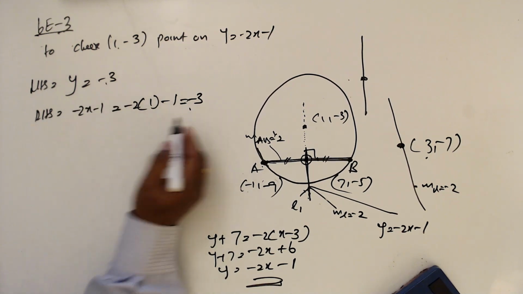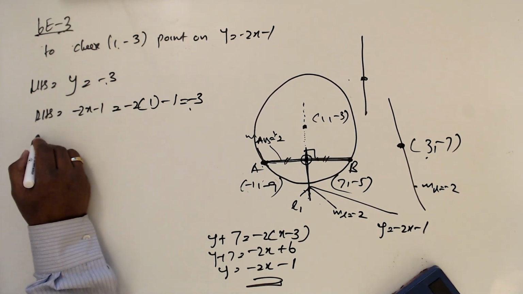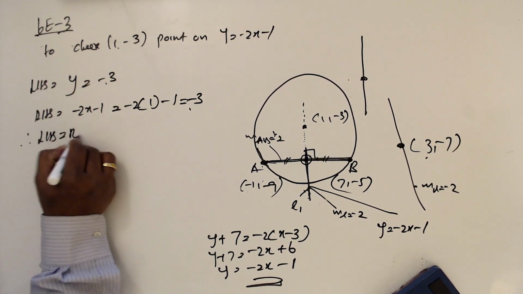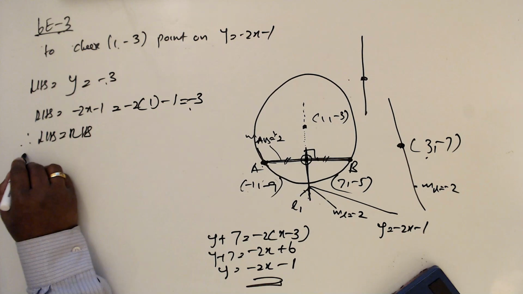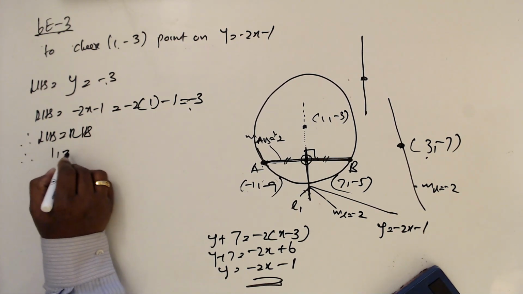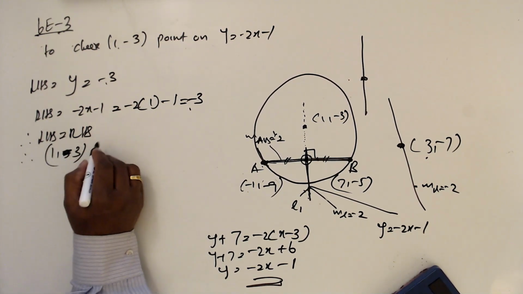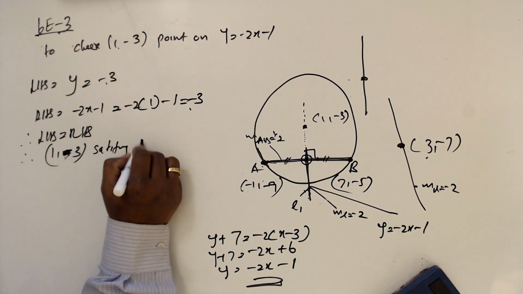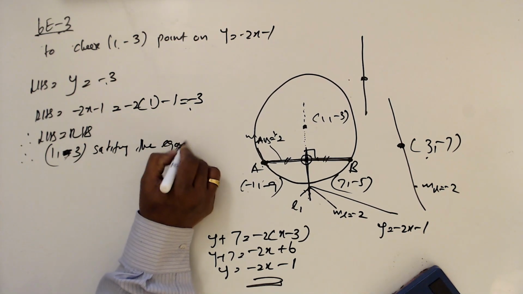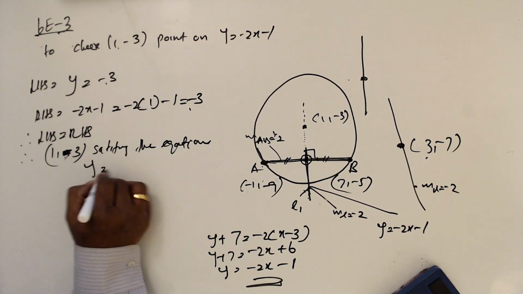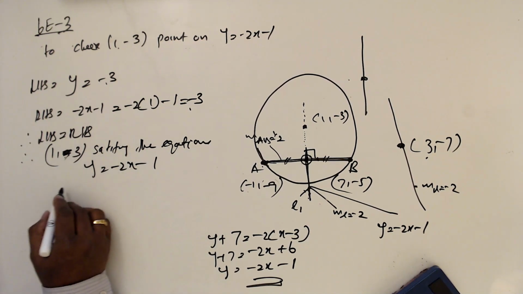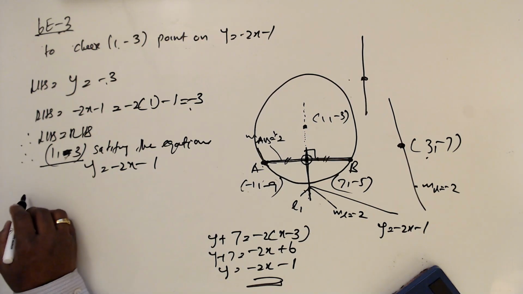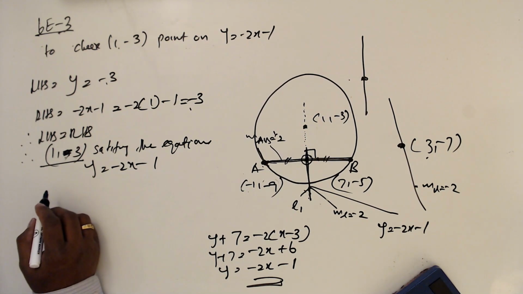Now you can see both numbers are equal. It means the equation is happy. Hence LHS equals RHS. Hence (1, -3) satisfies the equation y = -2x - 1. Then what is (1, -3)? Center of the circle.